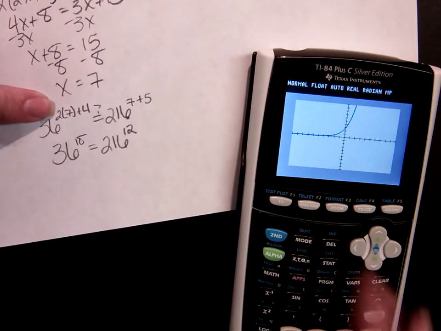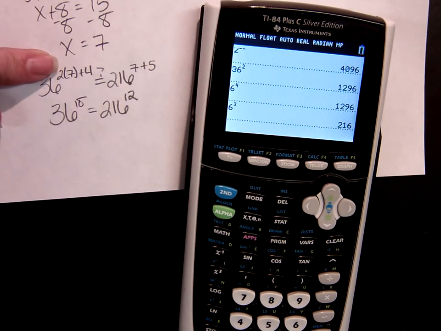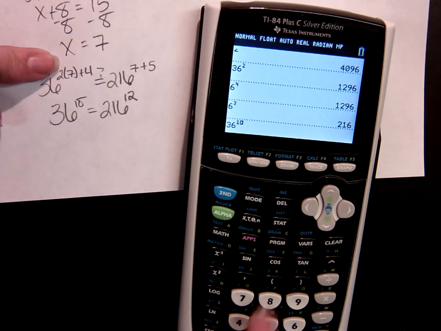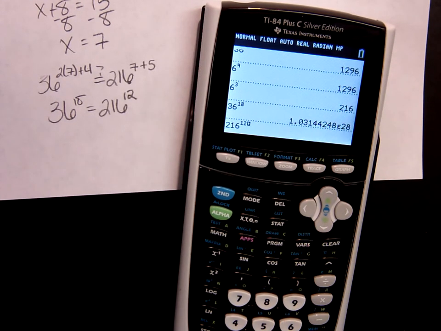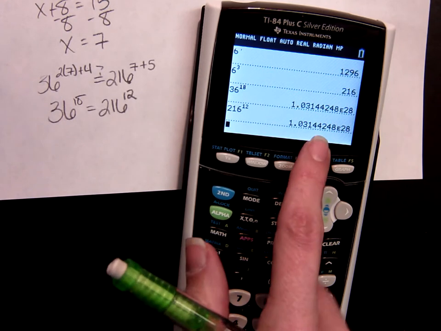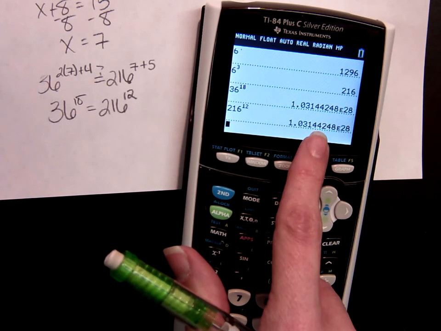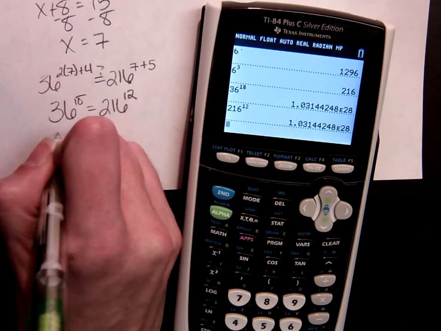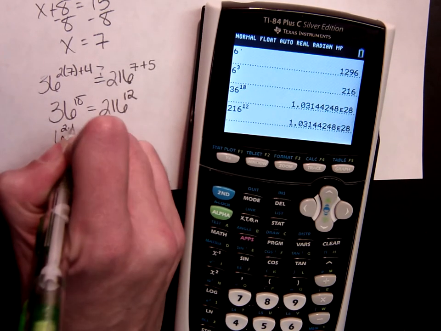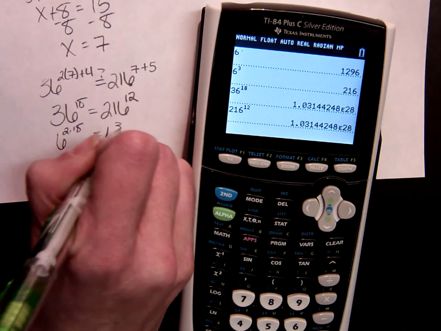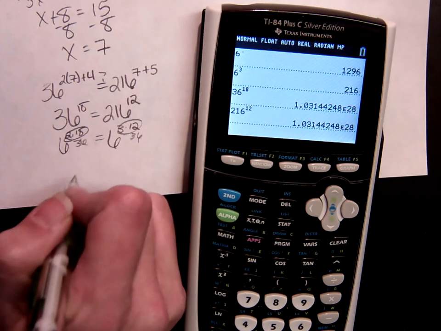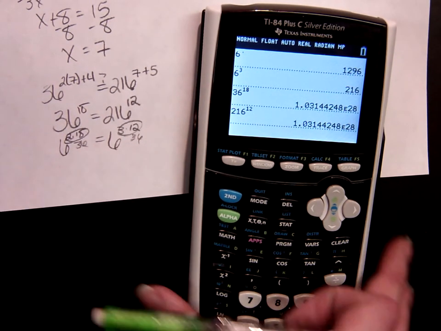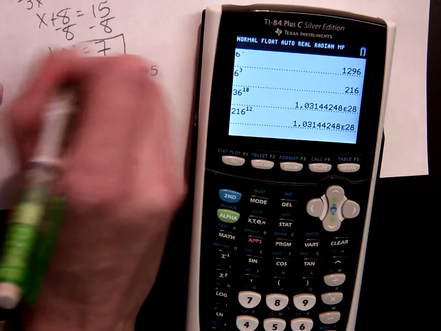If we try to use our calculator for this, 36 to the 18th power, it's kind of a mess, okay? 216 to the 12th. It's a mess, but it's the same mess, so we're okay. Again, I could change that back to 6 to the 2 times 18, 6 to the 3 times 12. That's 36. That's 36. We're okay. I can bypass my calculator on that one. So we know we're good. Okay.